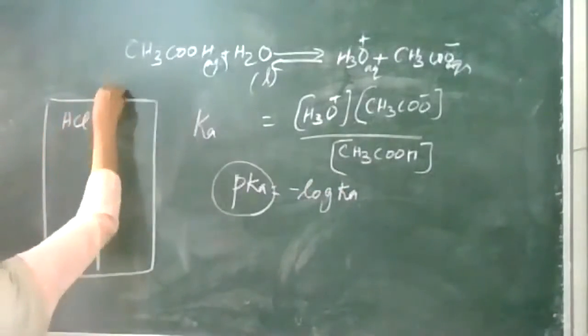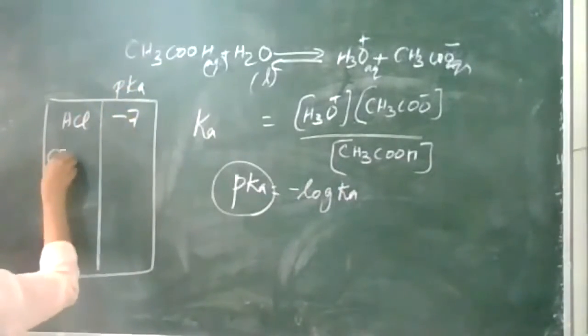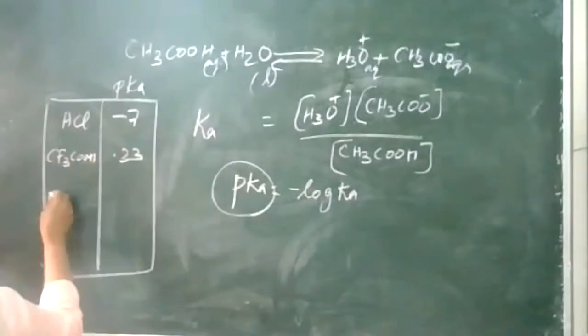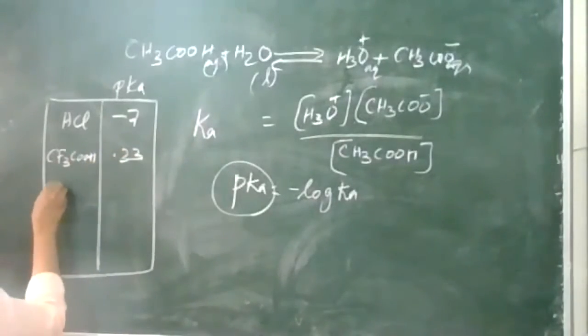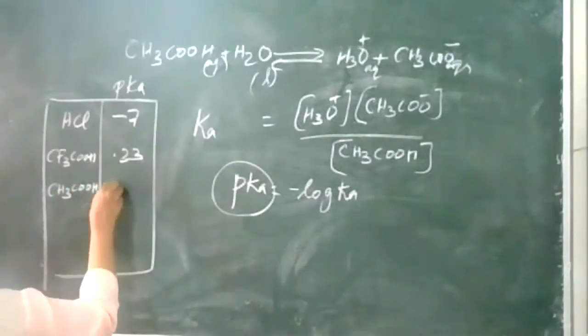HCl, pKa minus 7. CF3COOH, 0.23. Moderate acids, like acetic acid, are 5 to 6.